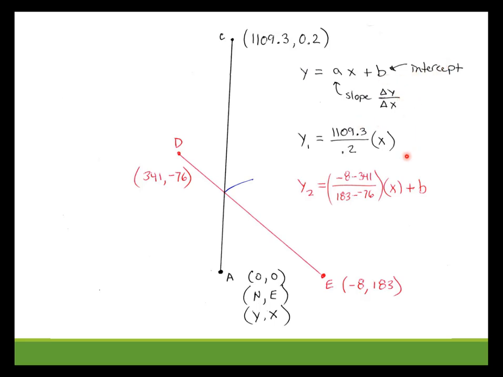The line equation for y1 is simplified because the origin coordinate is 0, 0, so there's no intercept term. The line equation for y2 is written as the slope, that is change in y values divided by change in x values, multiplied by an unknown variable x, and adding an intercept b.